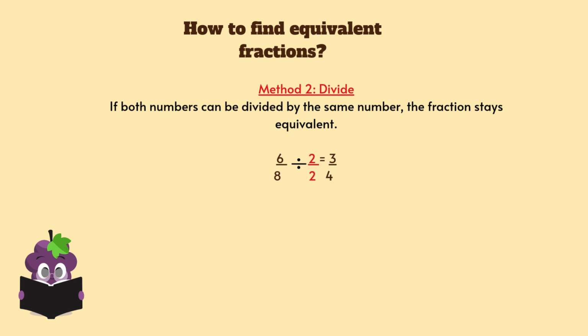So 6 can be divided by 2 and 8 can be divided by 2, right? And of course, we need to divide by the same number. I can't say 6 divided by 2 and 8 divided by 4. No, the fraction I would get is not equivalent. So here we have the answer 3 divided by 4, which is an equivalent fraction of 6 divided by 8.